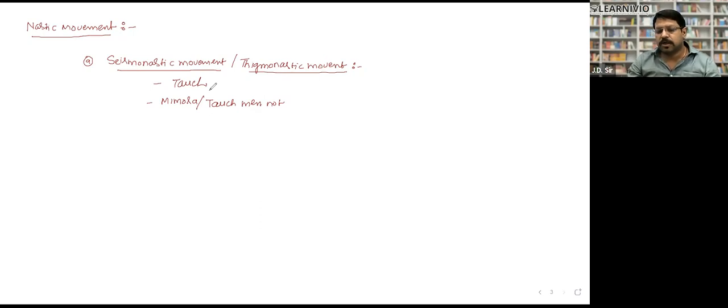You must have seen the same with the money plant. Vine plant, pea plant, or money plant, creepers, whenever they get any support, they start climbing on it. When they come in touch with a support, they start moving with it. That is called thigmonastic movement. Is it clear?